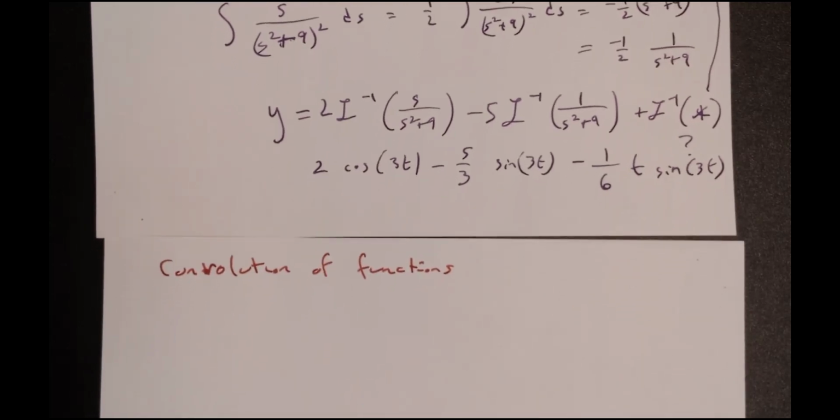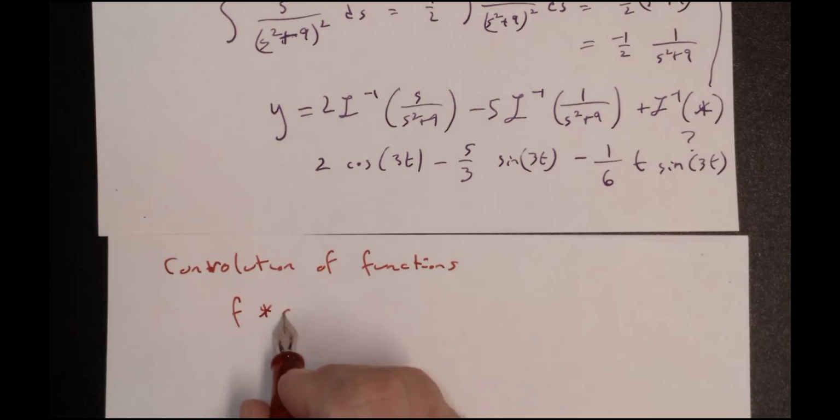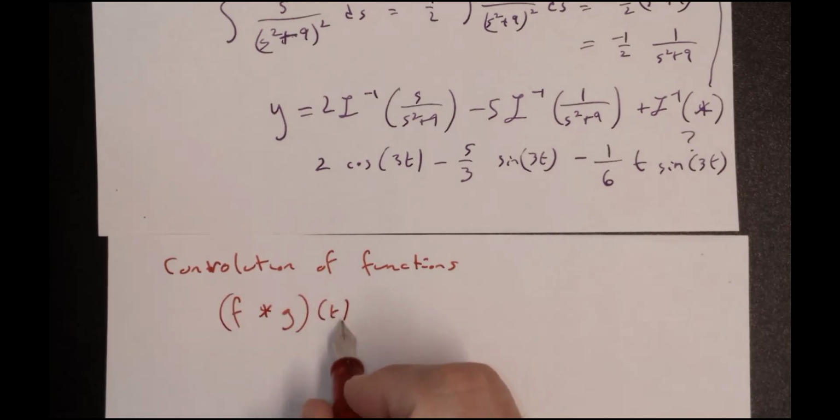This is where we kind of mix the two functions together, multiplying in different directions. I'm going to define f star g of t. And this star operation is not multiplication, but it's a kind of way to generalize ideas.